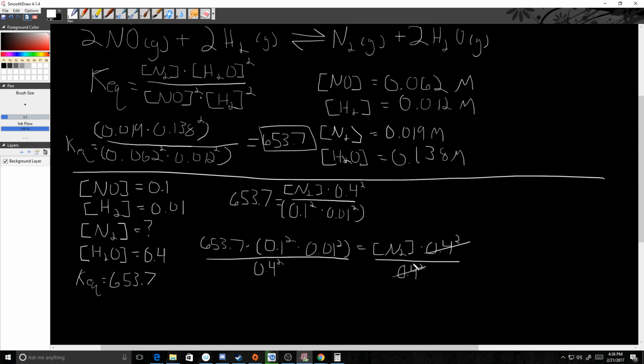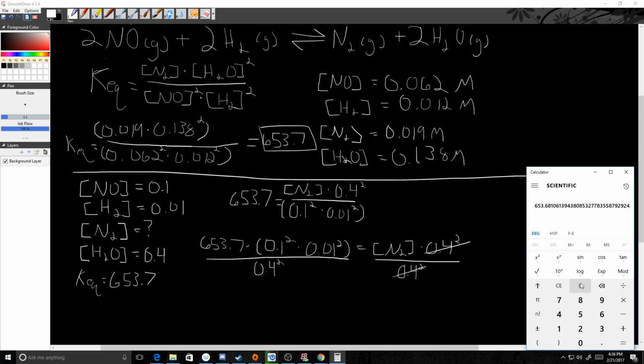All right, I have N2 by itself now, so now I just need to grab the calculator, and I will trust it this time. Hit the C, so we have 653.7 times 0.1 squared times 0.01 squared, and that'll be divided by 0.4 squared.